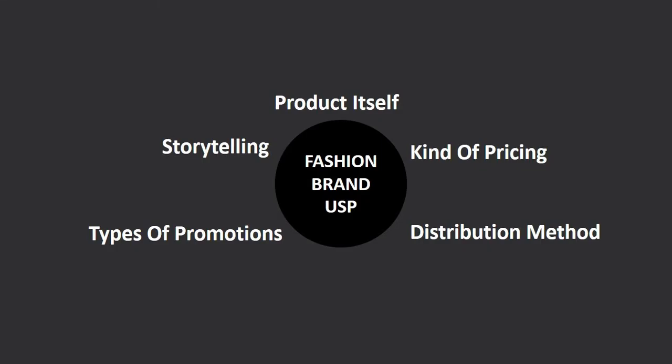So basically, to create a fashion brand USP, you have the product itself, the kind of pricing, the kind of distribution method you're using, the types of promotion you're doing, and what kind of story you are narrating to your consumer. So all these things create USPs for a fashion brand.